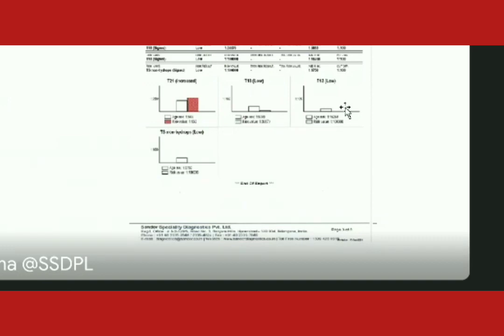This picture is taken from the Life Cycle software graphs. We have changed our report format also, and added interpretation into it. Once you look at the interpretation, any layman can understand what is what, at which MoM level or at what cutoff we can consider it to be intermediate, low or high. Everything is given in the interpretation.